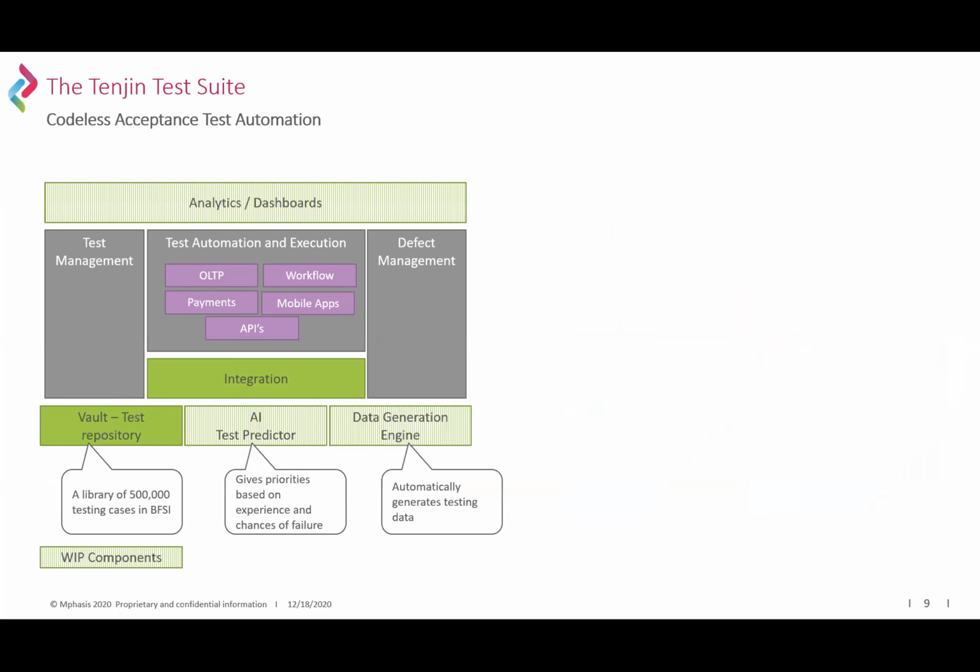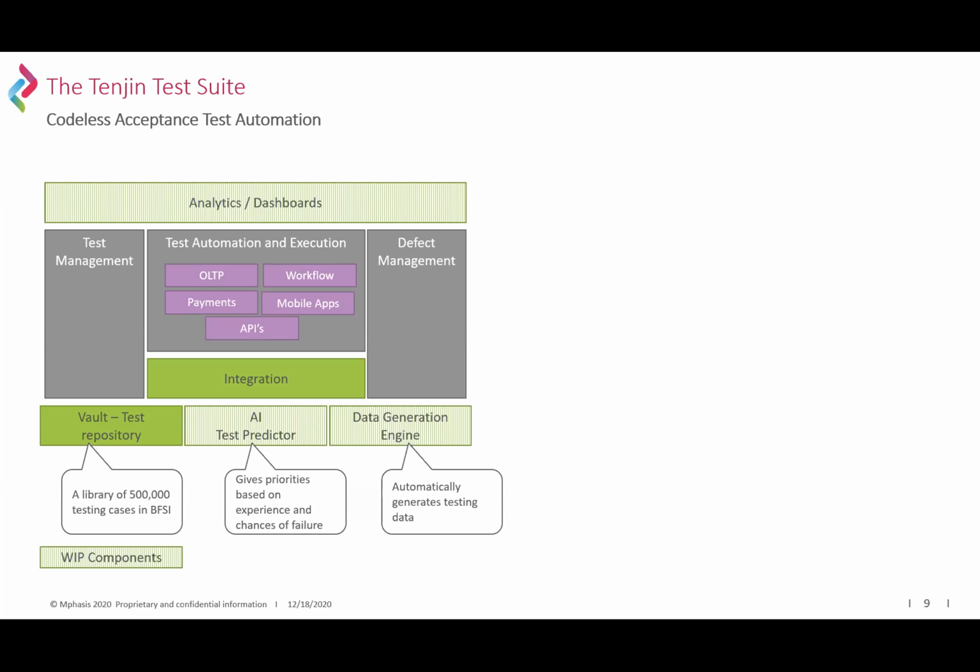So what does Tenjin consist of? Tenjin consists of a test management platform, a test automation and execution platform, a defect management platform. The core is the test automation and execution platform, which can integrate upstream and downstream with things like Jira X-Ray or Jira QC, ALM.